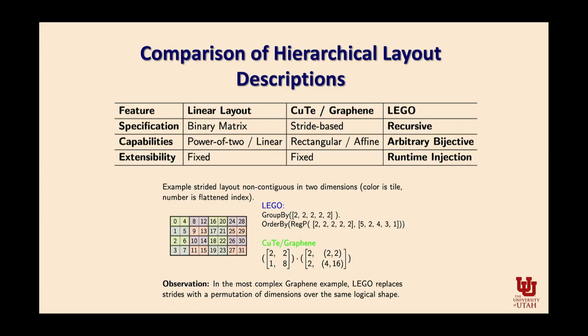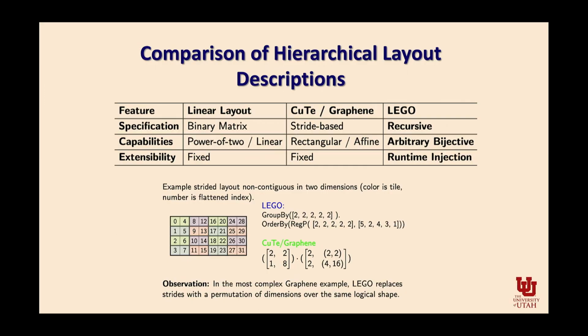And so in Qt and Graphene, the top row is the tile sizes, the bottom row is the strides. And so we end up with these tiles of size 2, there are 2 of them in a row, and they're also skipping in the vertical dimension as well. And so down here, you say that there's a stride of 4 to the right horizontally and a stride of 16 vertically. So this is the expression of that picture.